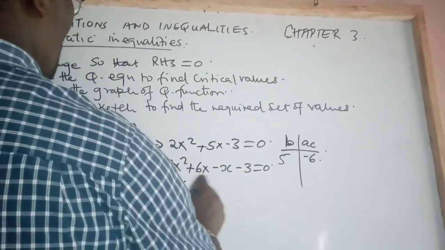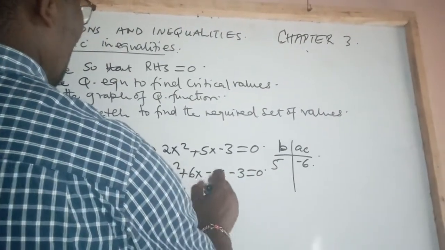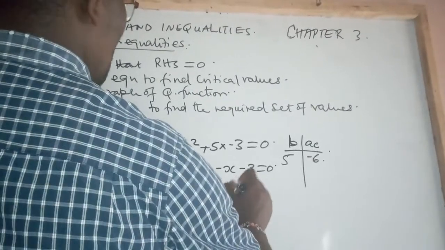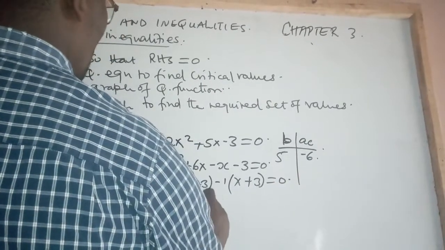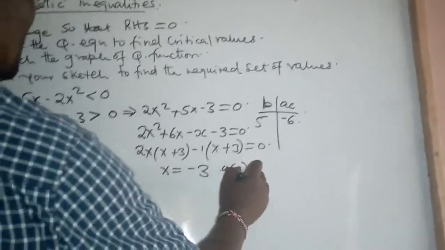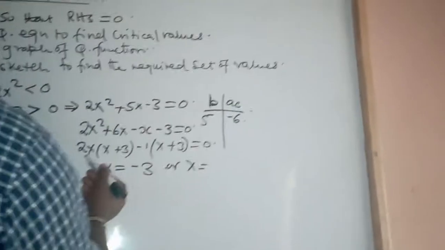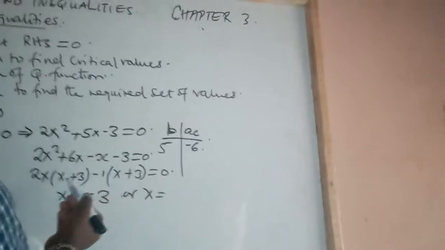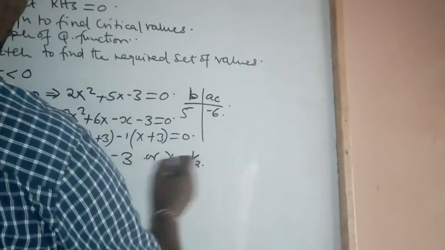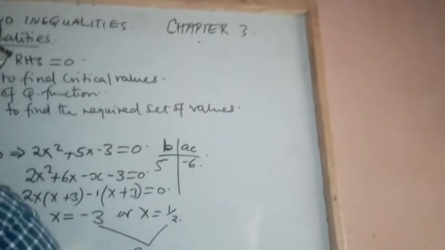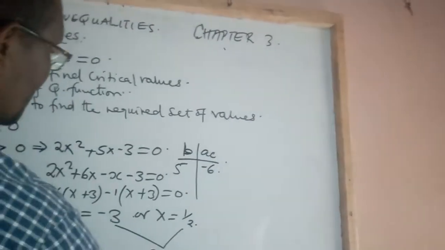So 2x is common, we have x plus 3. Minus 1 is common, x plus 3. And this one gives us critical values. x plus 3 equals 0 gives x equals minus 3, or 2x minus 1 equals 0, so 2x equals 1 and x equals a half. These are now the critical values.